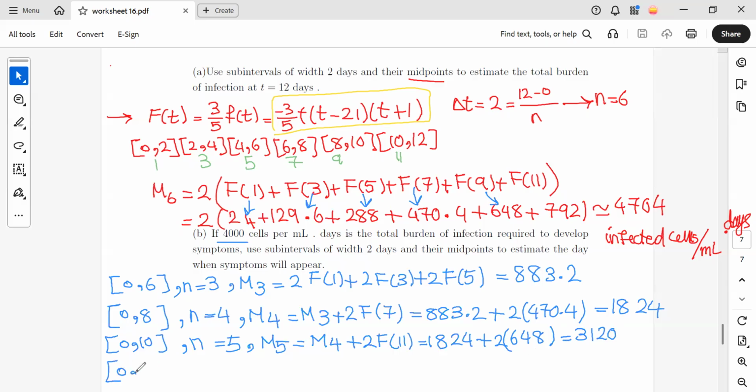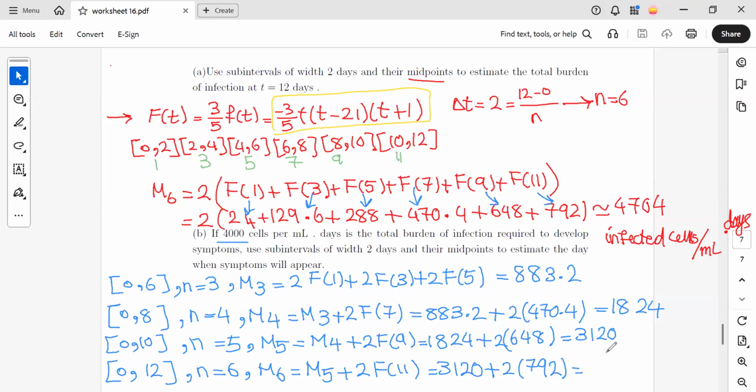We would continue to 0 and 12. In this case, n will be 6, and m sub 6 means the previous one plus the new one. Oh, I'm sorry. This one is 9 because one more. We used 7 and then 9 for m sub 5, and now f of 11. So we're going to use the previous number plus the new number, which is f of 11, 792, altogether 4,505.